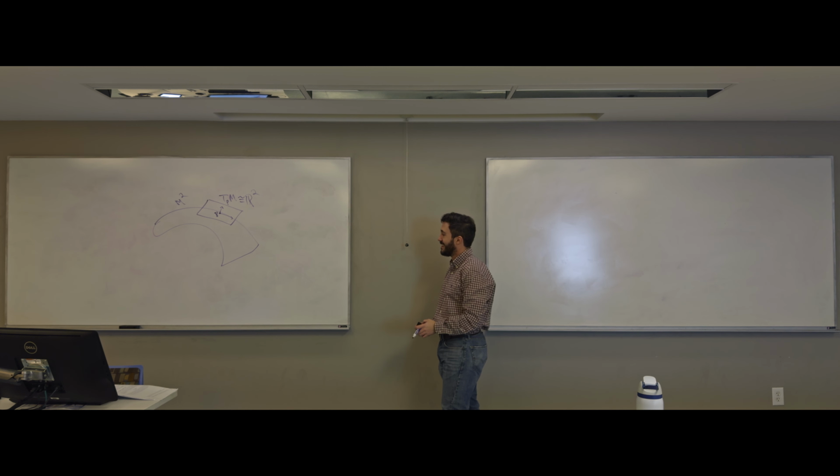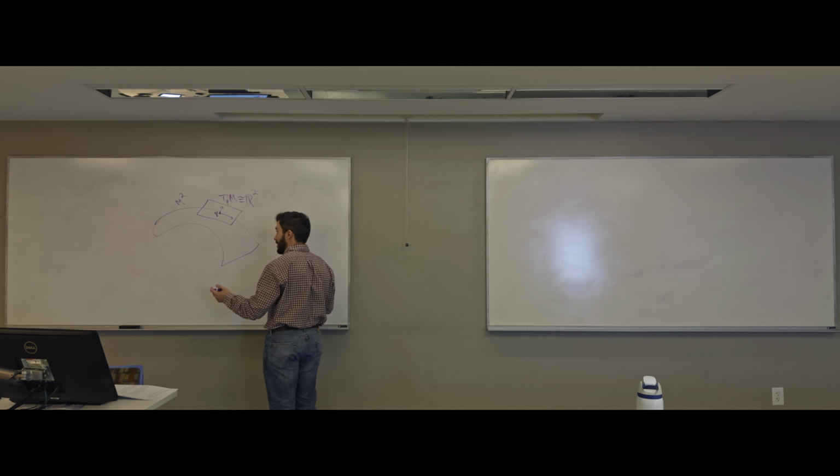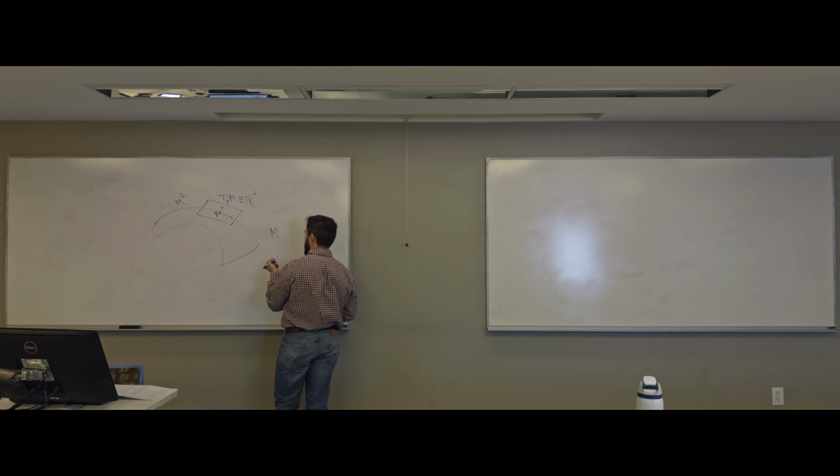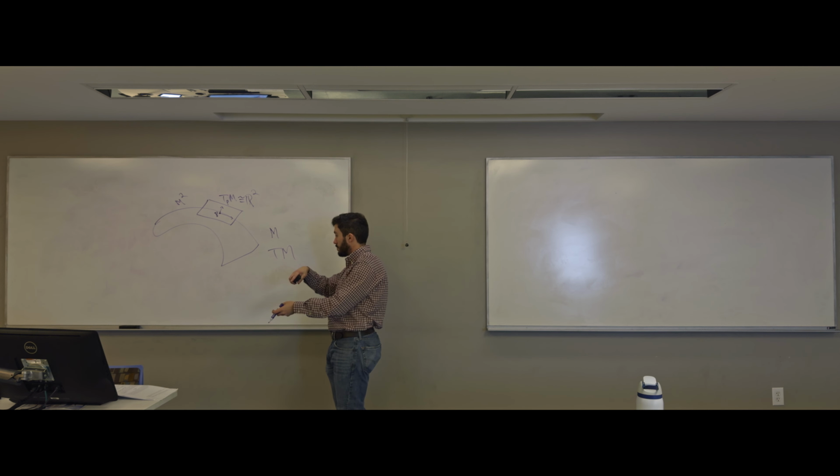So yeah, the way you view a cotangent vector is, you take the tangent bundle over a manifold. So M is a manifold. Take the tangent bundle TM, and you say, okay, what are the elements of TM? Well, you pick out a particular point first, and then in the tangent space to that point, you pick out a vector.